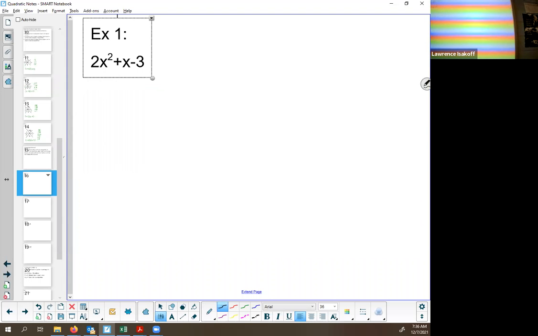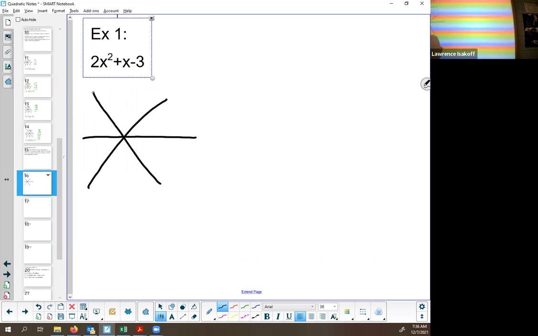So when I start this off, for here, you're going to have to multiply the number in front of the x squared and the number at the back, and put the product on the top. If you do not multiply these together, things aren't going to work out how you need them to.